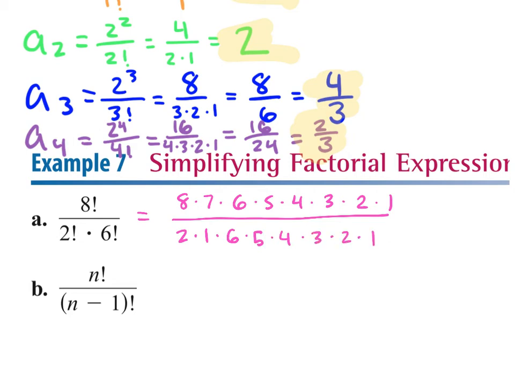So what on top cancels out with what on the bottom? 6, 5, 4, 3, 2, 1. So on the top, we just have 8 times 7. And the bottom, we have 2 times 1. So what's 8 times 7? 56 over 2. And what's 56 over 2?